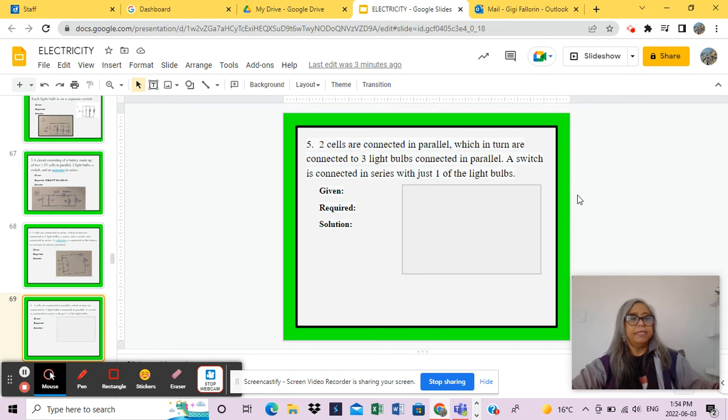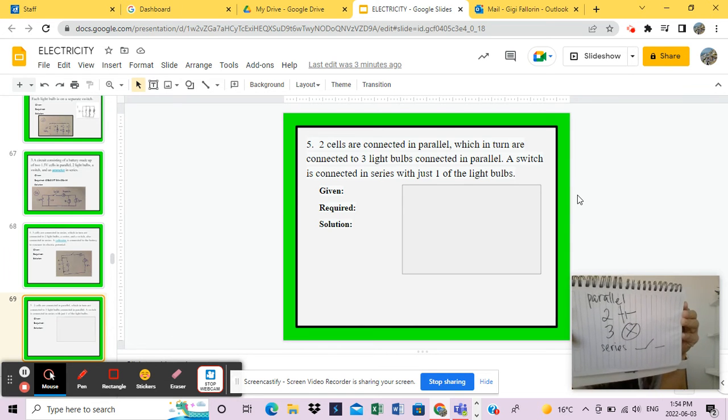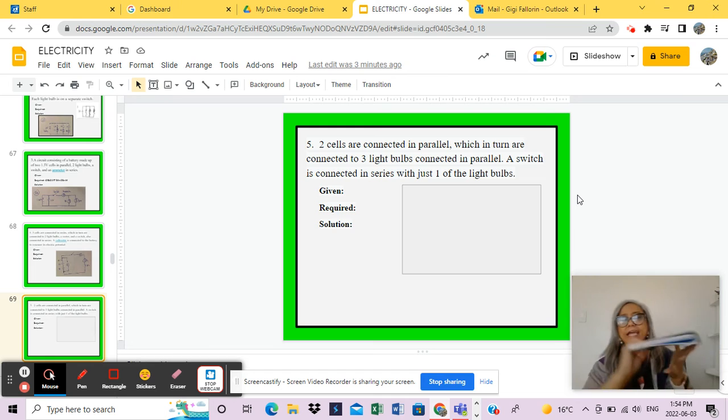So under given, make sure that you have something like this: two cells or batteries, three light bulbs, the switch connected in series with one of the bulbs. And the required is the same, draw a circuit diagram.